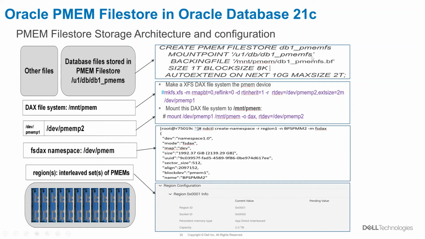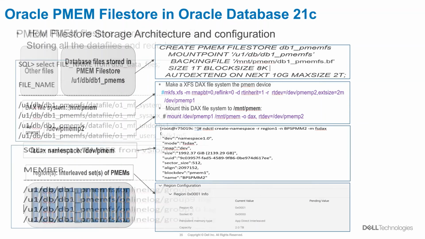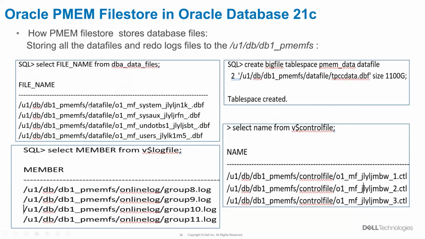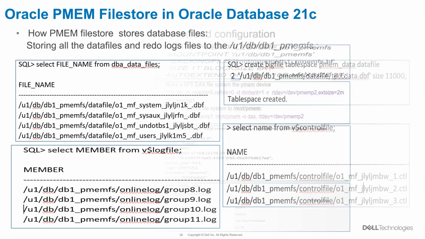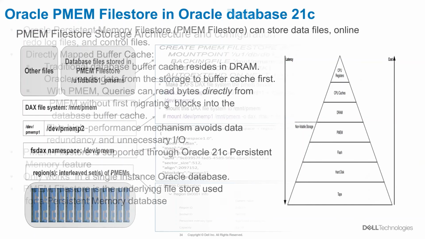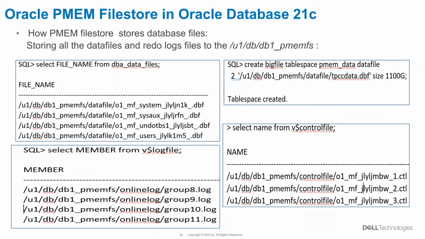That is a mount point, and under this mount point we can put all the data files. So you can put data files, online redo log files, temp files, control files. Pretty much all the files can be put into the PMem file system. Then the rest of it is the same.